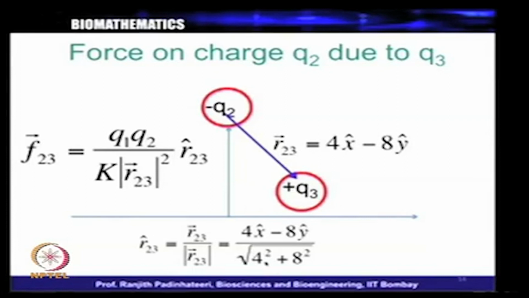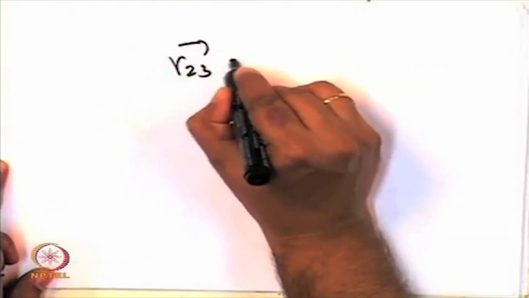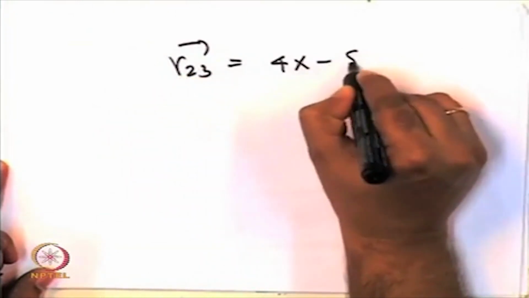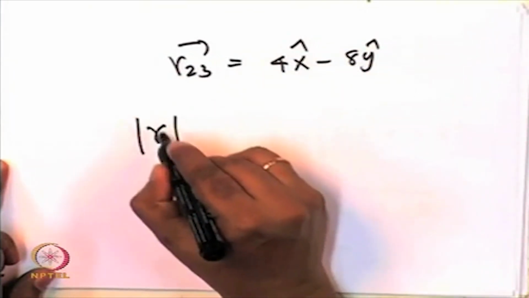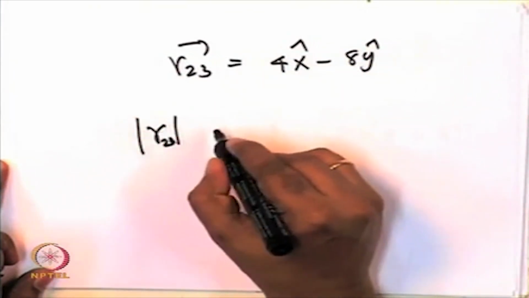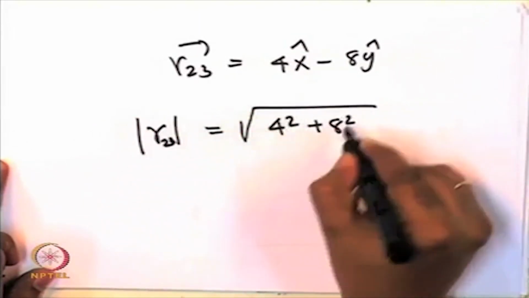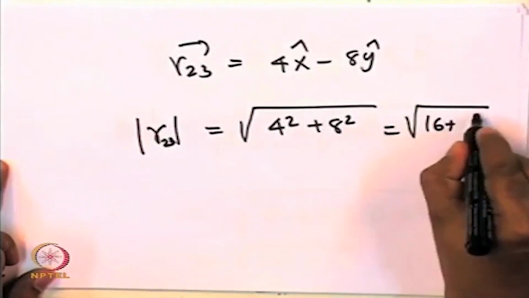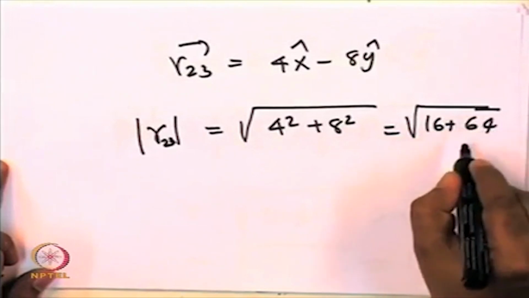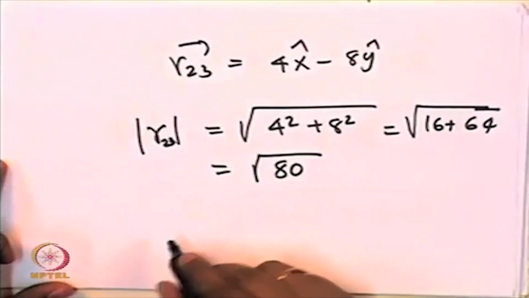So, R23 if you look here, we had R23 as 4x minus 8y and mod R23 is root of 4 square plus 8 square, which is root of 16 plus 64, which is square root of 80.